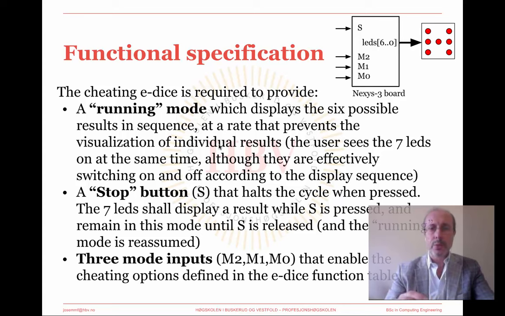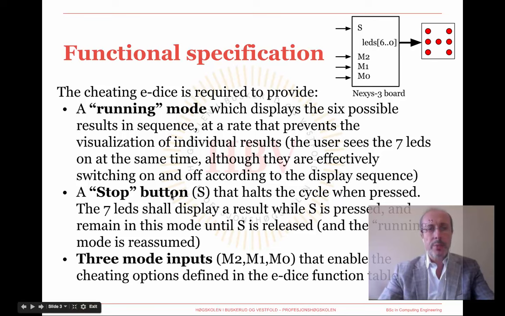So the LEDs will show result 1, then 2, 3, 4, 5, 6, and then repeat this cycle over and over again. However, the 7 LEDs will be updated so fast that instead of seeing each result in sequence, what we will see is simply the 7 LEDs lighting up at the same time.